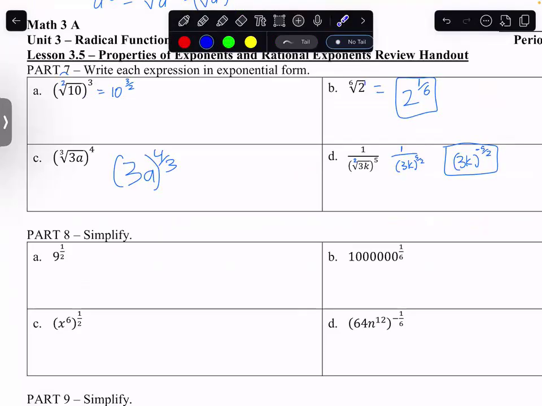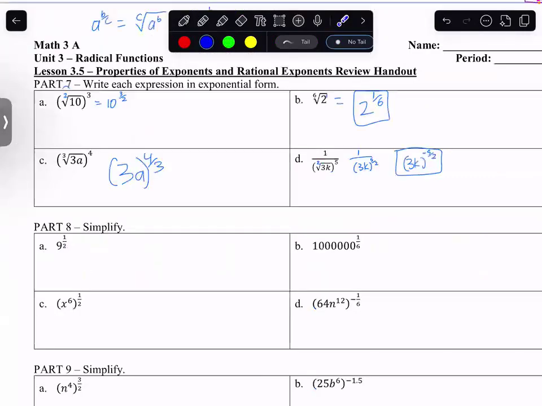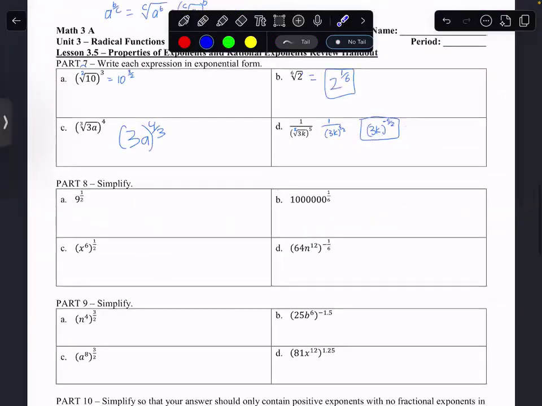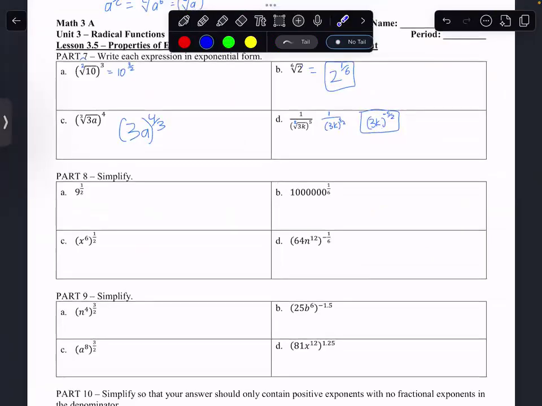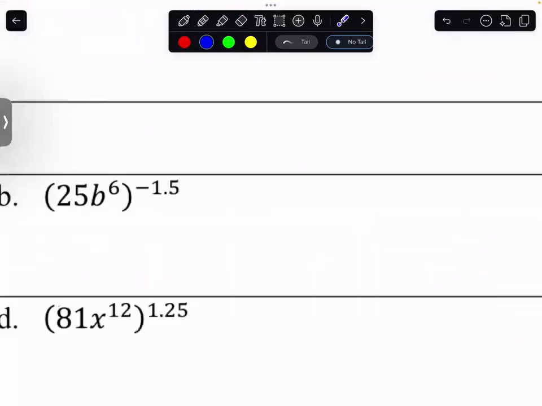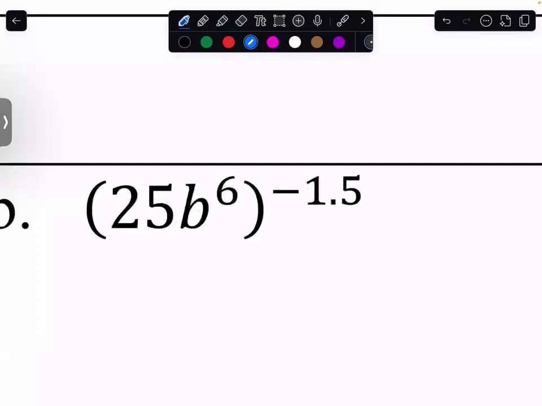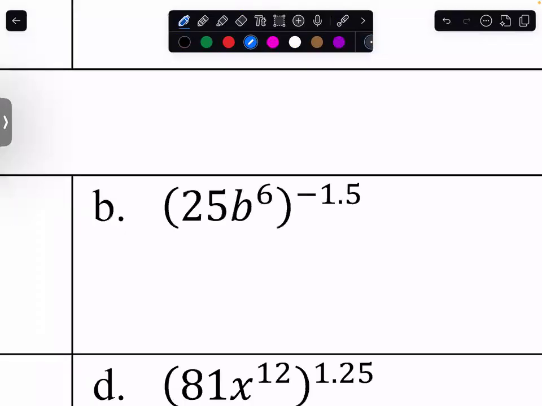Okay, so parts 8 and 9 are actually pretty much the same. So let me just do part 9, letter B. So 25 b to the 6th all to the power of -1/2. Here it might be helpful to rewrite -1/2 as the fraction -3/2.